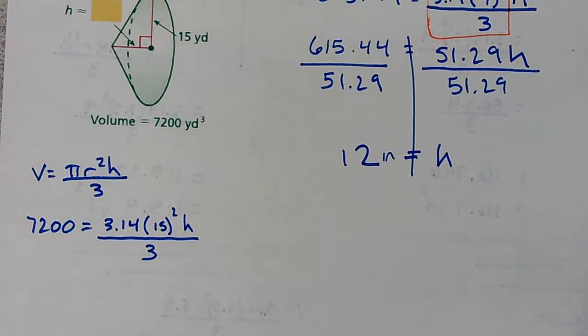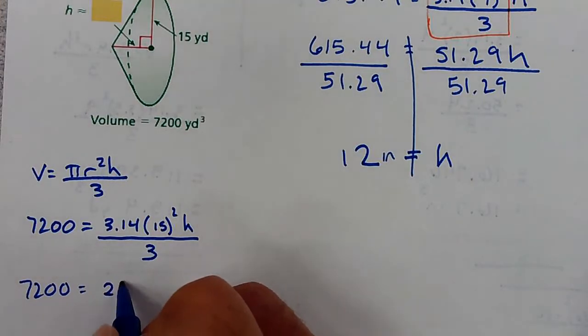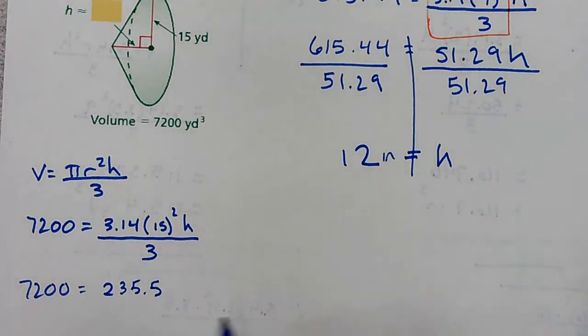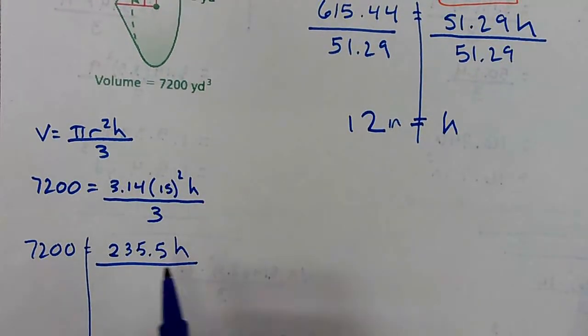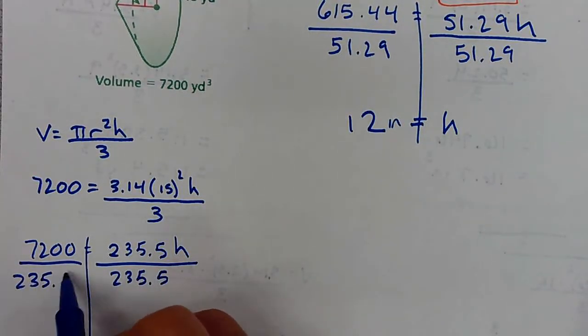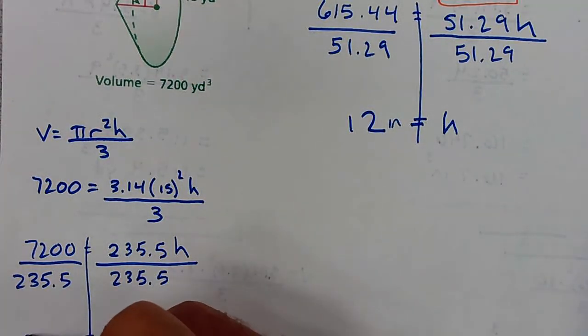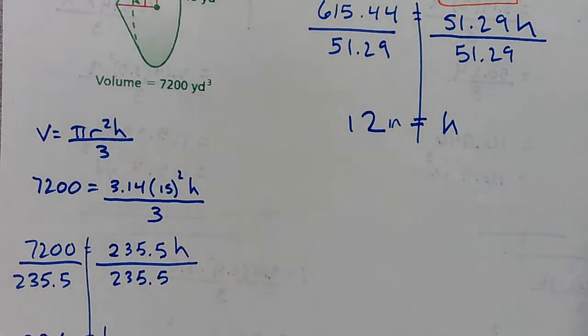If I go ahead and simplify, it's going to give me 7,200 equals 235.5 h. Now we're going to divide both sides by 235.5, for an answer of a height of about 30.6.